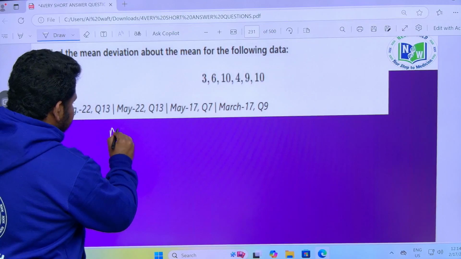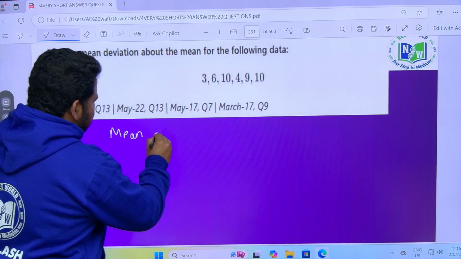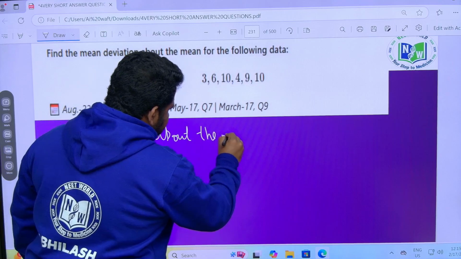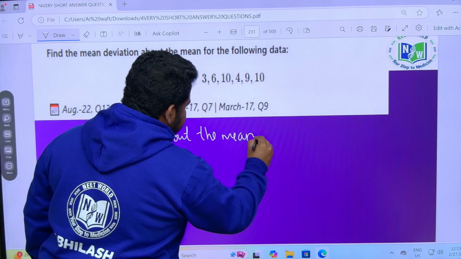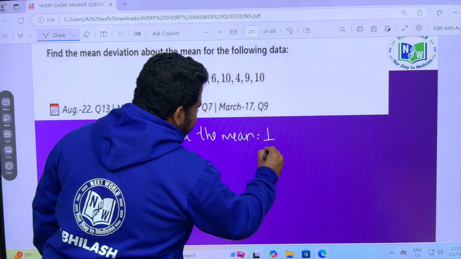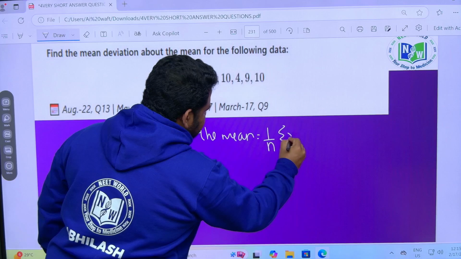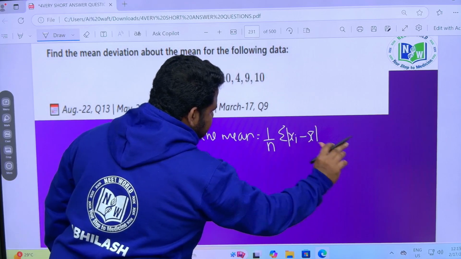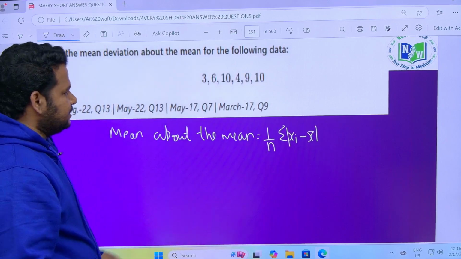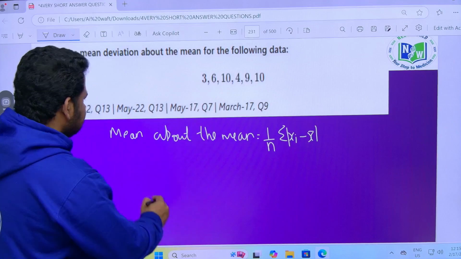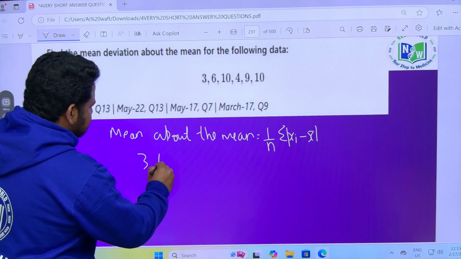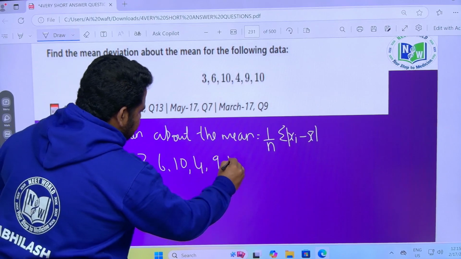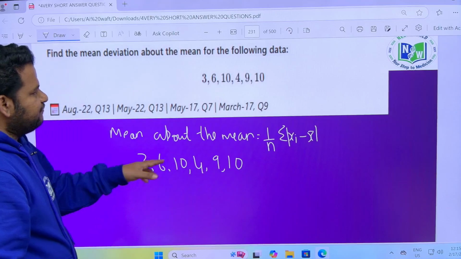So let us write down, mean deviation about the mean is given by 1 by n into summation of modulus of xi minus x bar. Here n is the number of observations. So let us write down the observations that are given: 3, 6, 10, 4, 9 and 10.